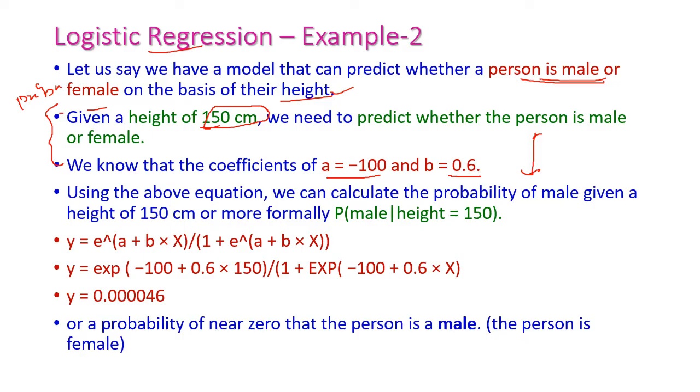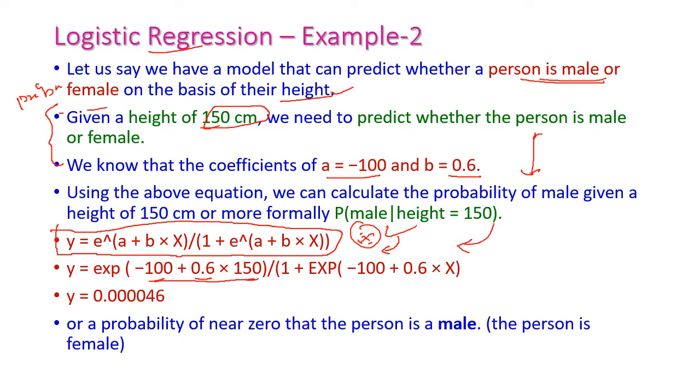What is the formula for our logistic regression? y equal to e power a plus bx divided by 1 plus e power a plus bx. Now we substitute our values into the equation: a value is minus 100, b value is 0.6 and x value is 150.